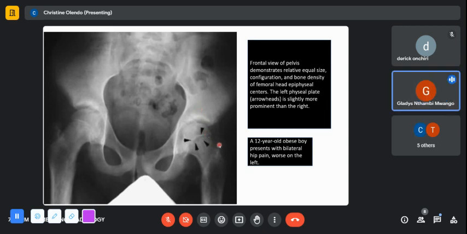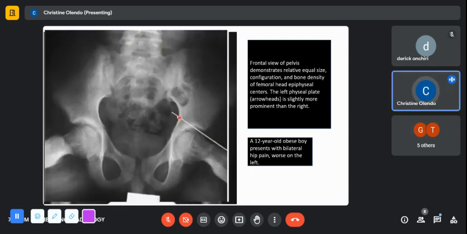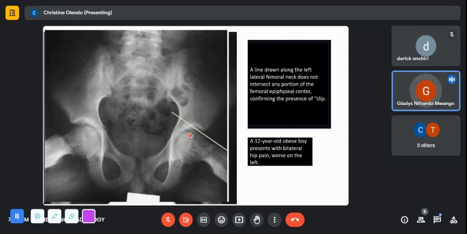If it doesn't, then you know there's a slip. In the frog leg view, this is the line tangential to the femoral neck, and you can see the line does not intersect any part of the femoral epiphysis. Even on the right side it doesn't intersect, that's why you do it on the AP.